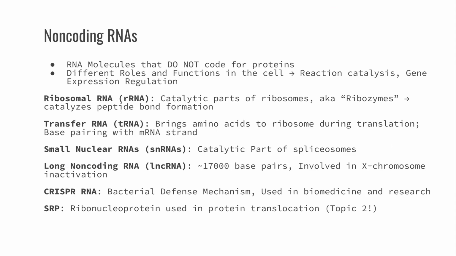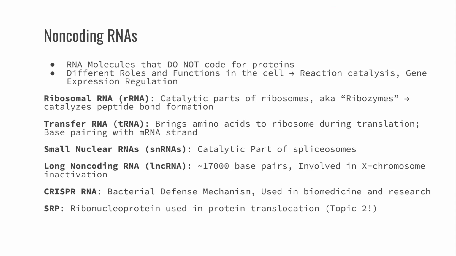Okay, so going into non-coding RNAs, these are RNA molecules that do not code for proteins, so think like not mRNA. They have different roles and functions in the cell, such as reaction catalysis and gene expression regulation.